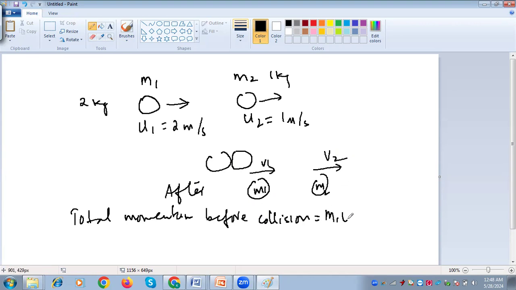It is M1U1 plus M2U2. After the collision, it remains conserved, meaning it will be equal to the final momentum, which is the product of mass M1 and its velocity V1 plus the product of mass M2 and its velocity V2. So this total momentum will remain the same.